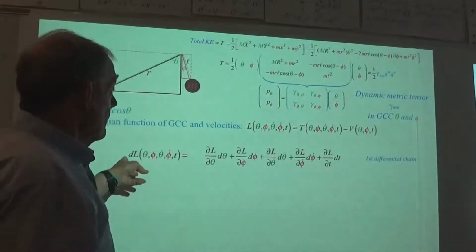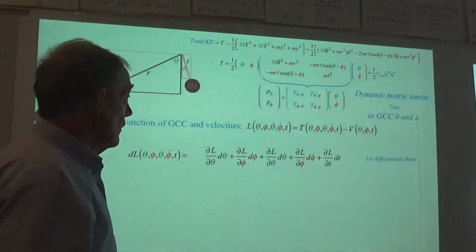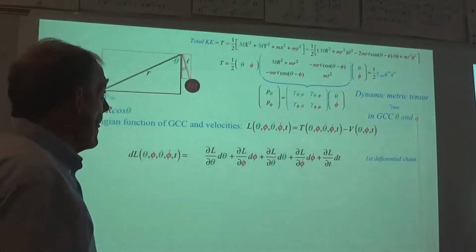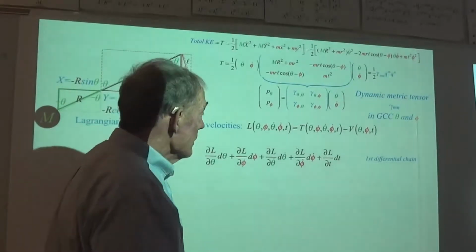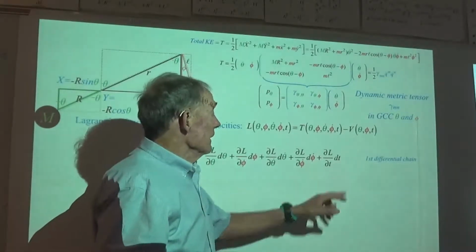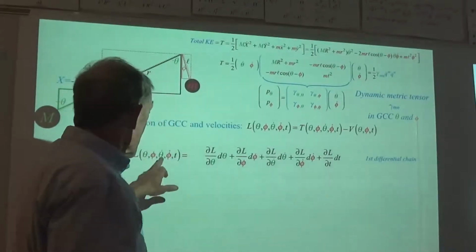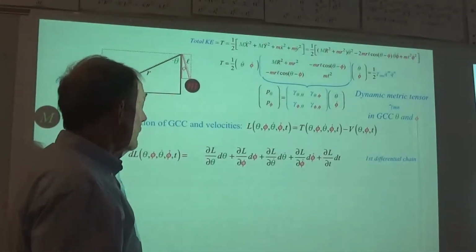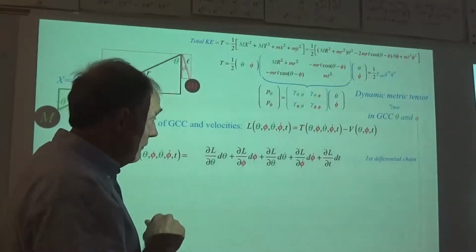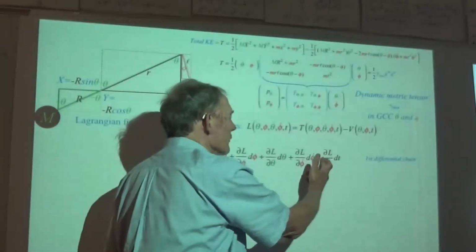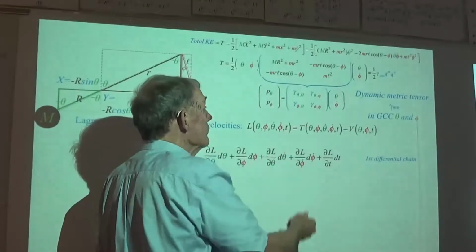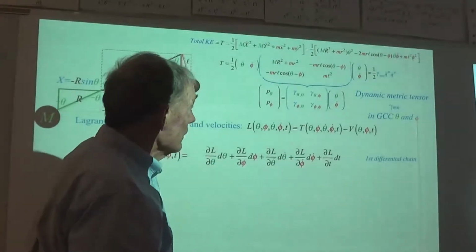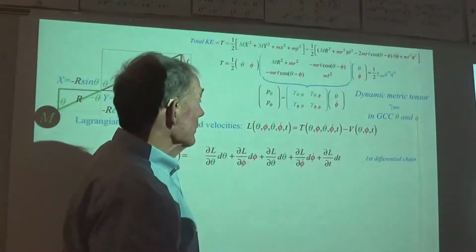So now we talk about a differential of the Lagrangian, and in fact, if I multiply through here by dt, I'm talking about a derivative of the Lagrangian, a total time derivative. But here we're thinking of the fact that somebody might be actually messing with some parameter in the Lagrangian.